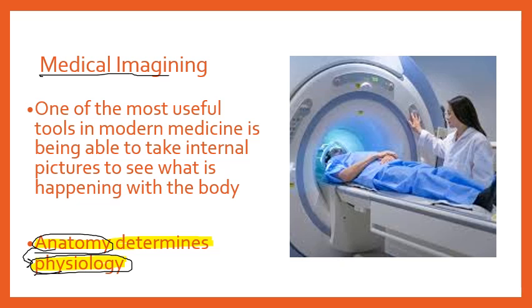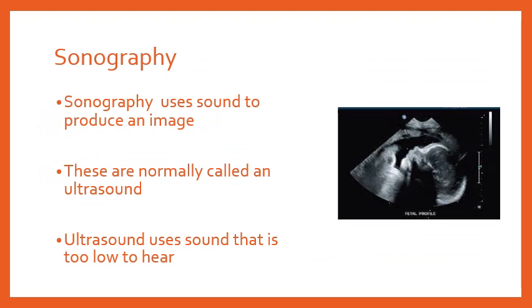And that's the goal of what medical imaging is all about. If we can take an image of the inside of the body, we can actually start to diagnose where some problems might be coming from and then figure out treatments to move forward from that. The first one we really want to take a look at is what's called sonography. You probably know sonography by the term ultrasound, because that's what it is.